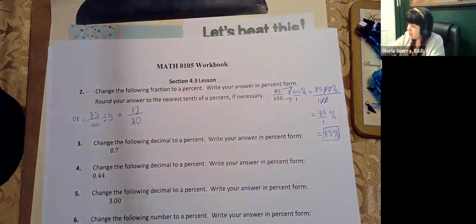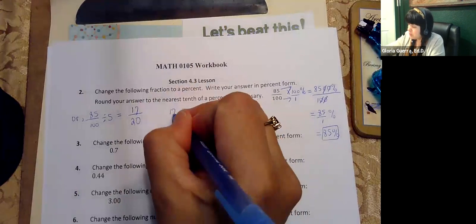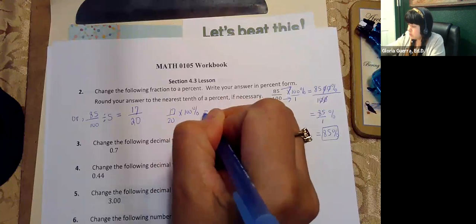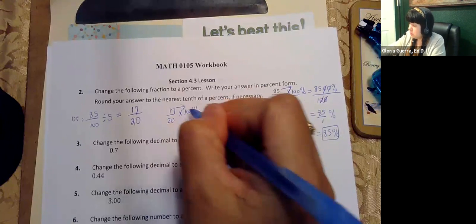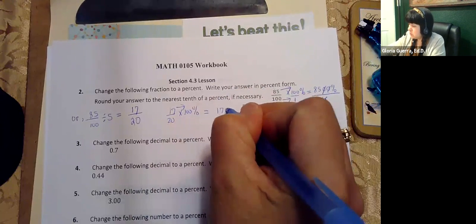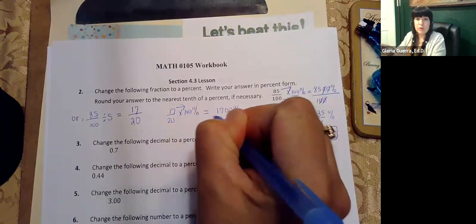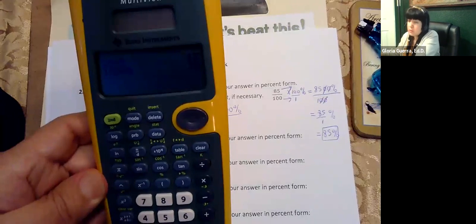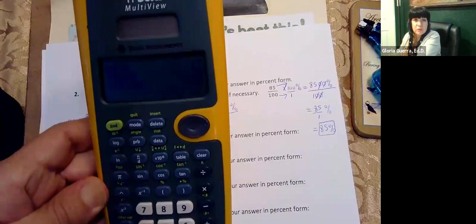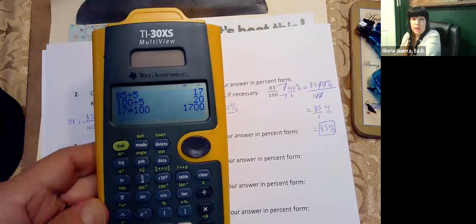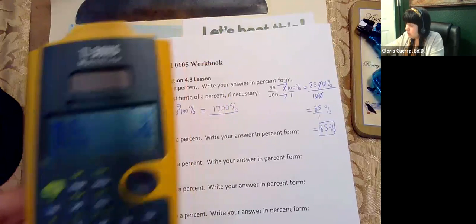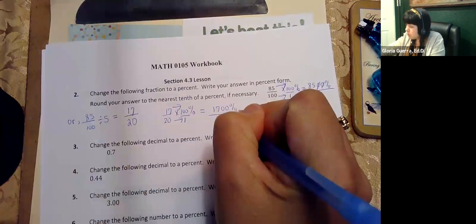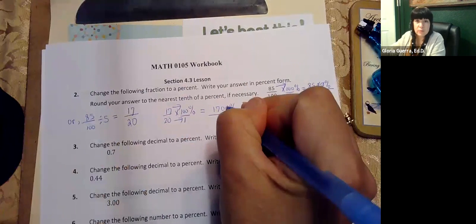And then you can take 17 over 20 times 100%. So 17 times 100 is 1700. I can show you that on the calculator. 17 times 100 is 1700. And then 20 times imaginary 1, so imaginary 1 down there is 20. And then you can mark out your end zeros.